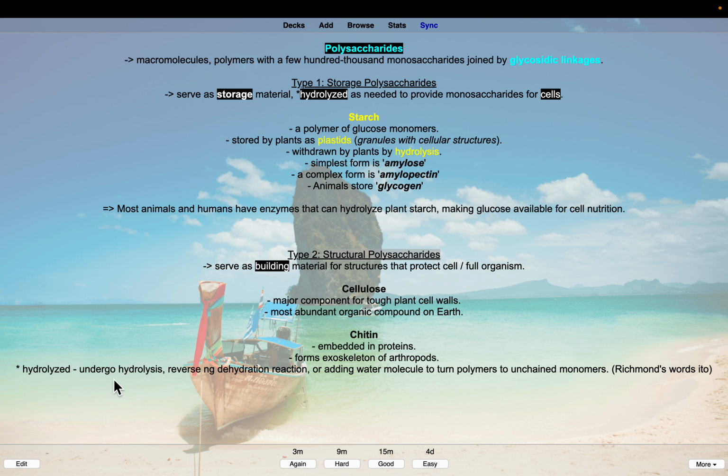Hydrolyzed: they undergo hydrolysis. This is the reverse process of dehydration reaction, or basically adding a water molecule to turn polymers into unchained monomers. So this is in my own words, from how I understood the syllabus's definitions.